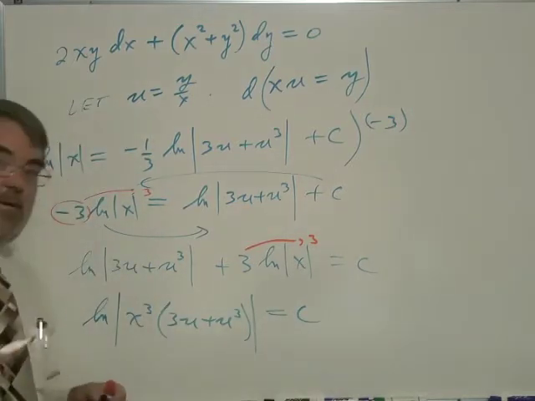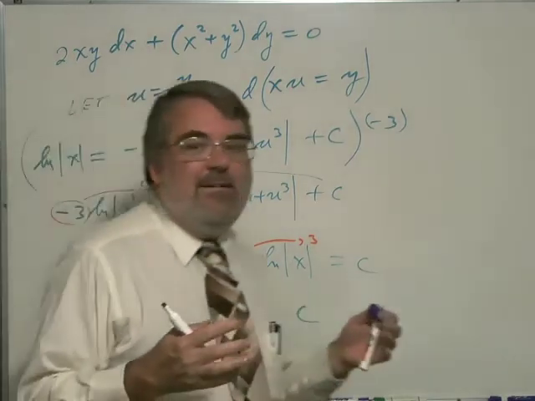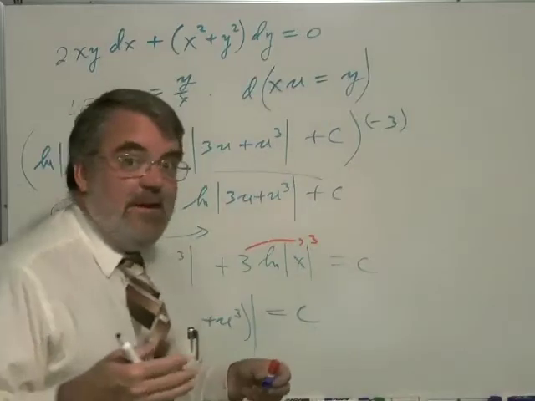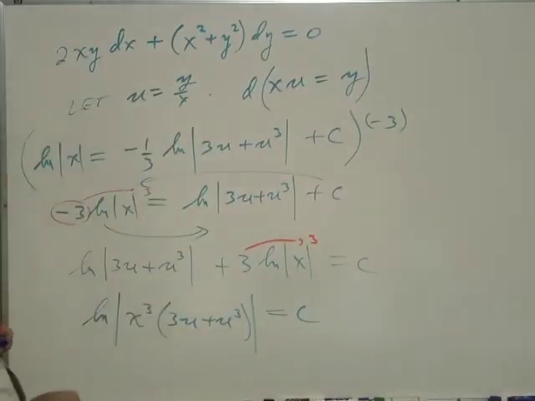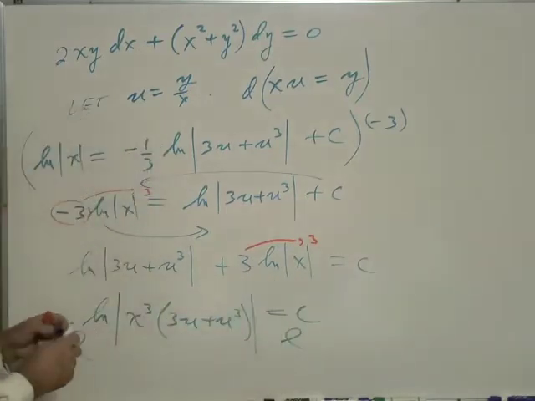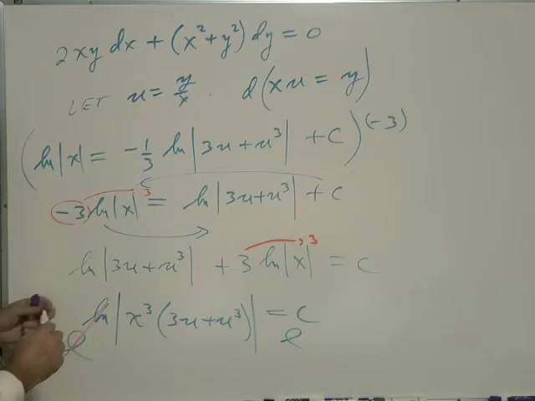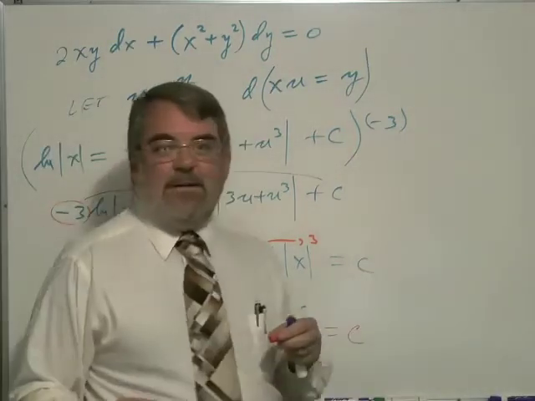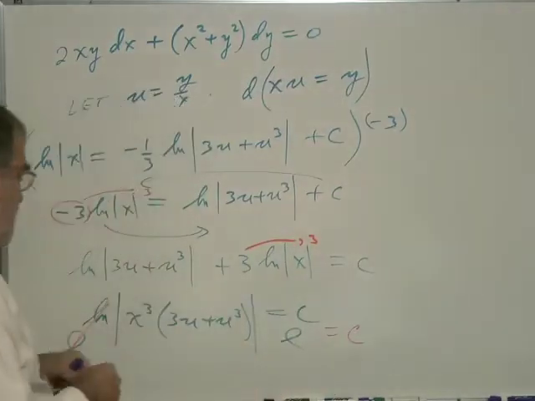Alright, that's where I wanted to get. I wanted to combine the logarithms into one logarithm, and that makes it easier to eliminate the logarithms. How? Make them an exponent of e, natural base e, and that will cancel the natural log, and e to the c, guess what? We'll call it c. Still a constant.